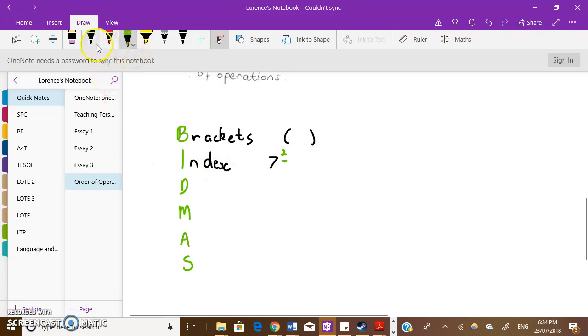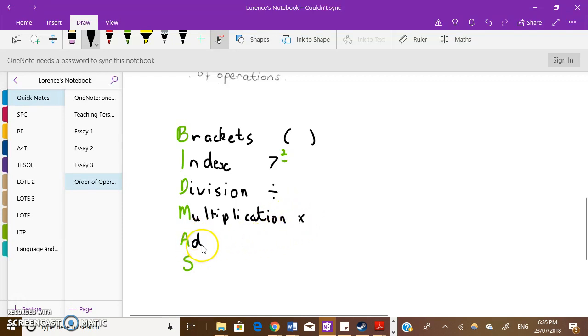Now, we go to the next one, which is D, which is division, which is this one. Multiplication, which is in fact this one here.